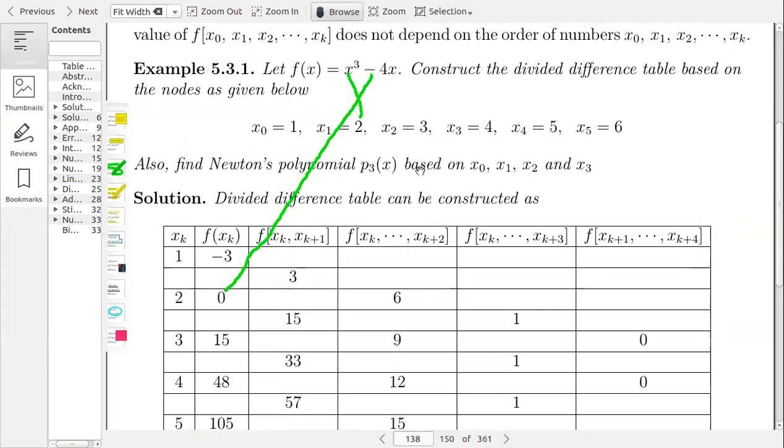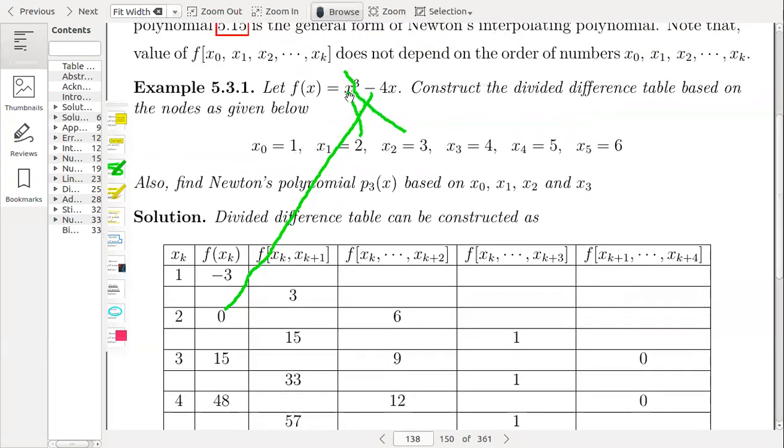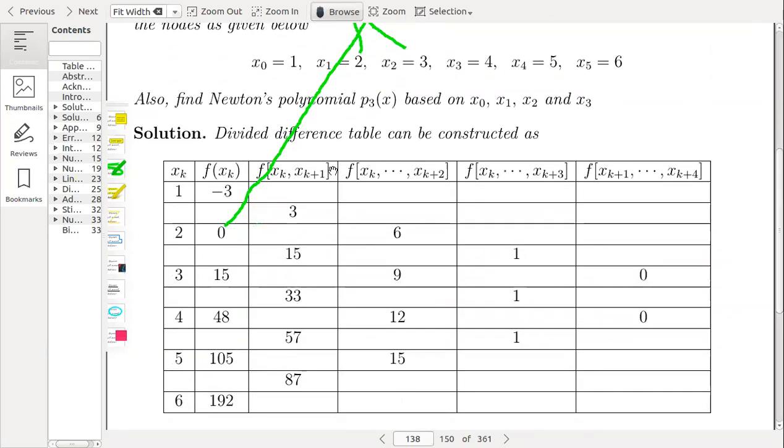And similarly, you replace x with 3. Okay, so you will get this 27, and 27 minus 12, you will get this 15. Then you need to replace this x with 4, and you will have 64 minus 16, and you will get this 48.